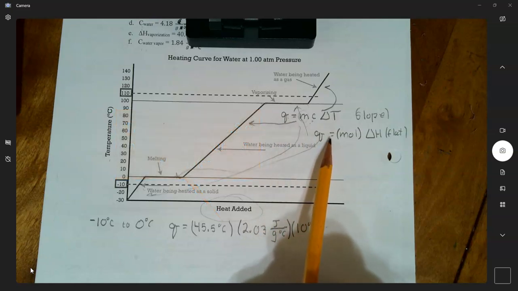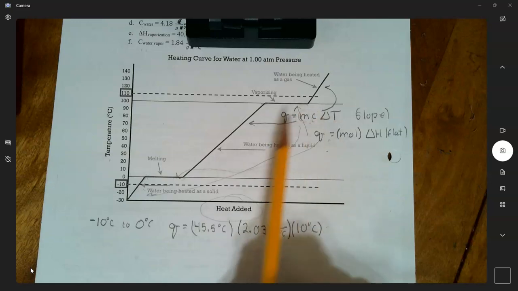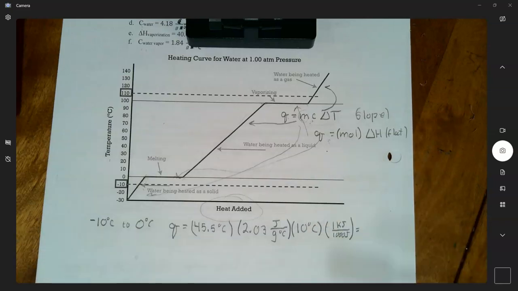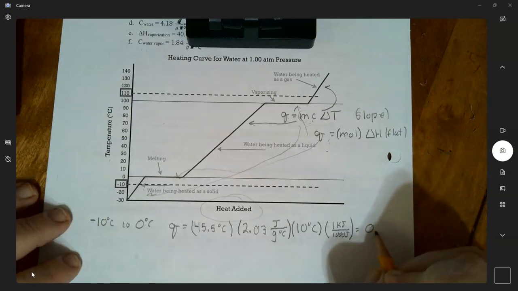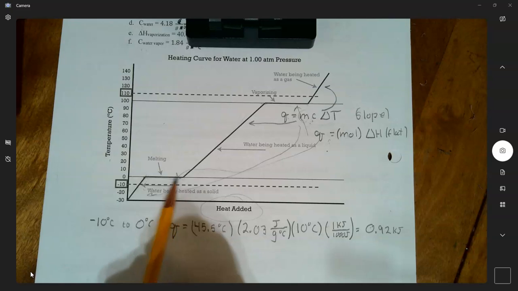We usually express this in kilojoules, so that means anything we get out of this formula, we need to convert to kilojoules. So we're going to come here, okay, and that'll give us our answer in kilojoules. And we get 0.92 kilojoules.